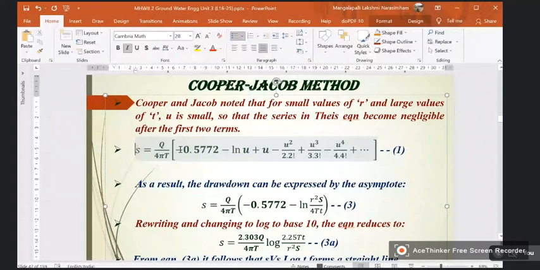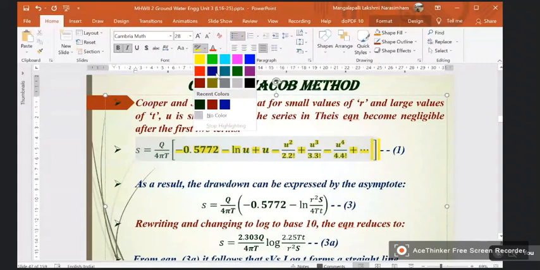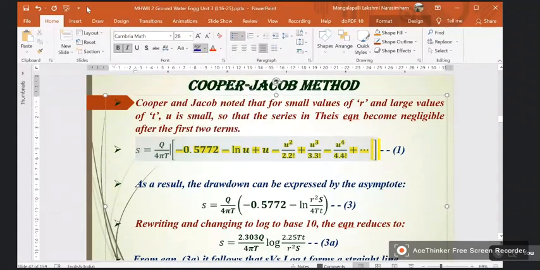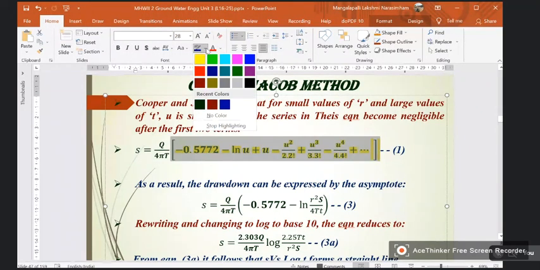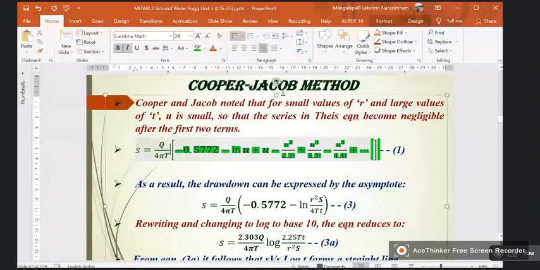The expression within the square brackets is the well function, which I am showing in the green background.